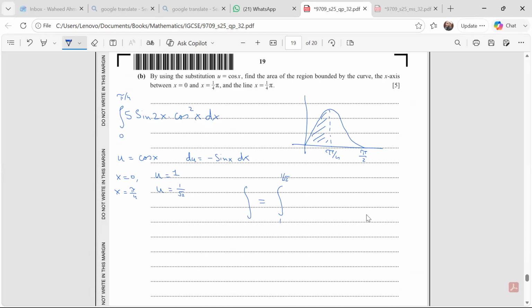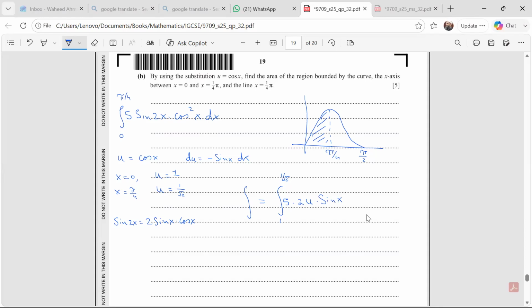Now we have 5 and sine 2x. Remember sine 2x is equal to 2 sine x into cos x, right? So cos x is u, so I have 2u into sine x.